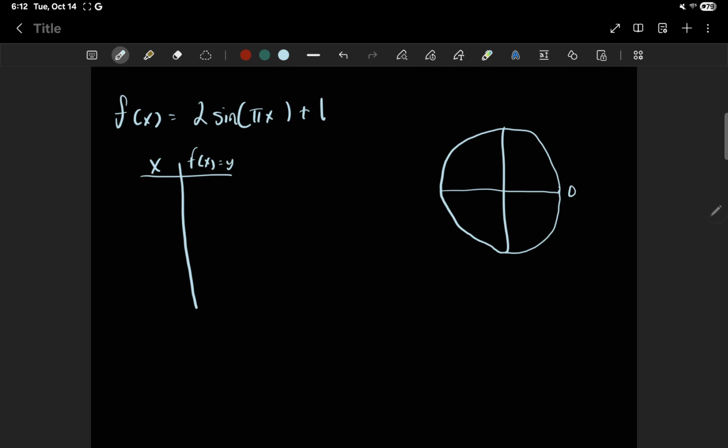So we're going to use 0, pi over 2, pi, 3 pi over 2, and 2 pi. So the x's are 0, pi over 2, pi, 3 pi over 2, and 2 pi.